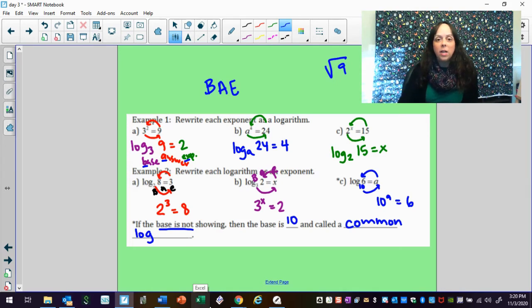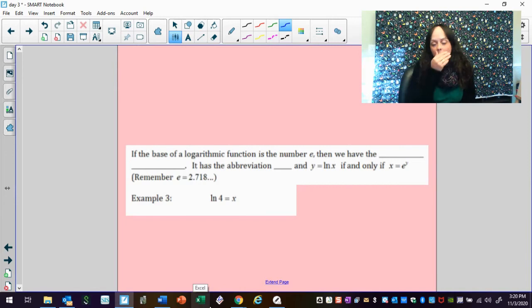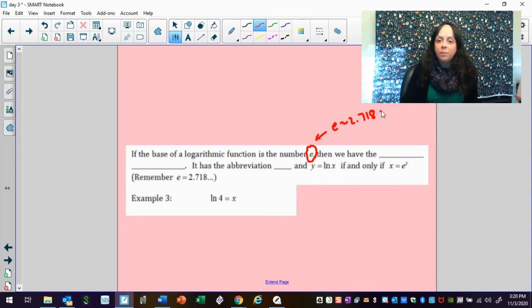All right, let's take a look at another step. Another log that is special that I want you to be familiar with is when the base is e, okay? Remember this number e, it's called Euler's number. It is around 2.718. You saw it when you graphed exponential functions, okay?